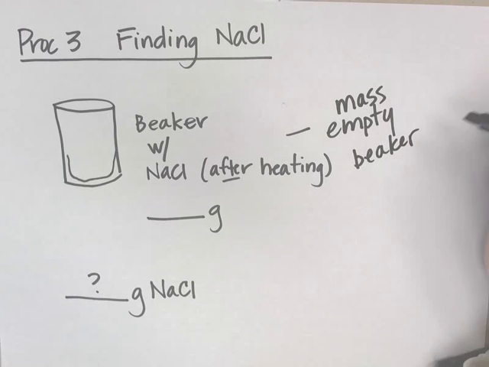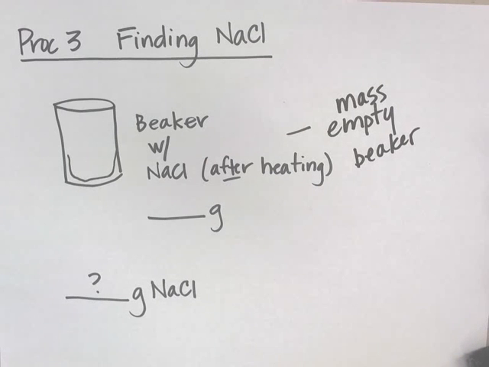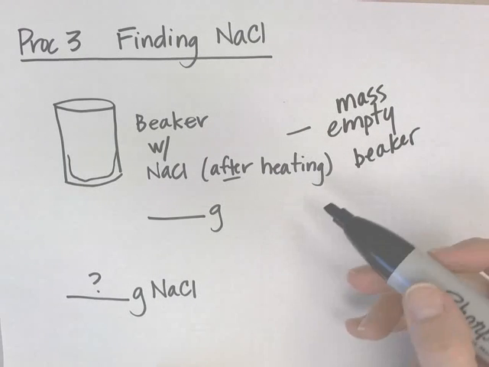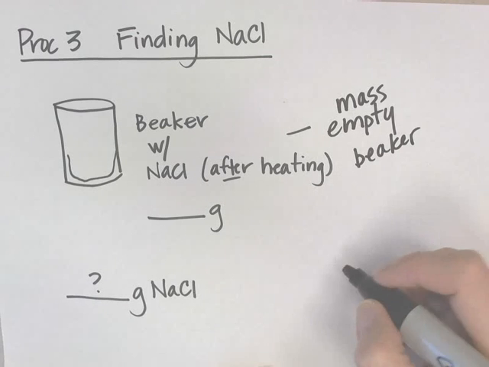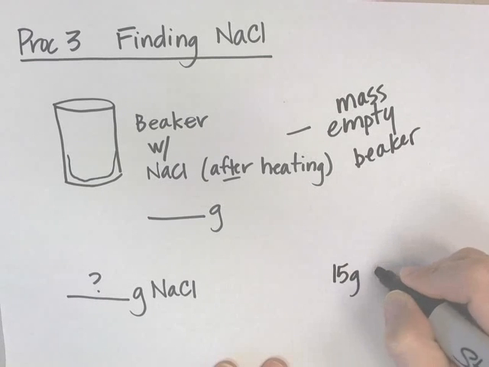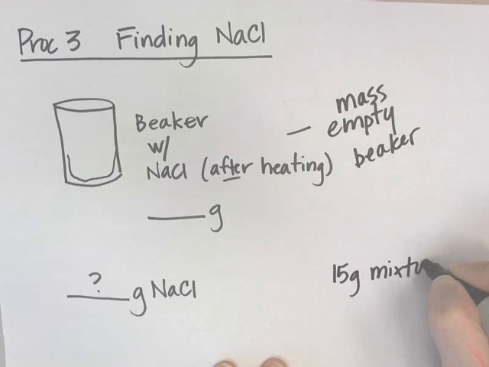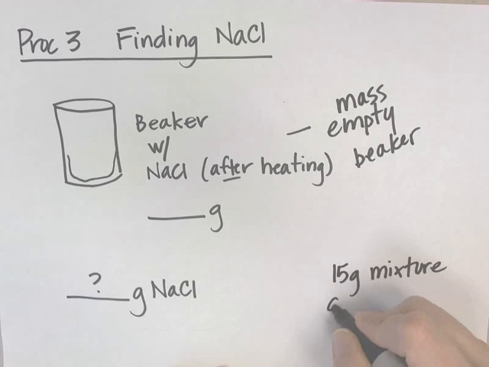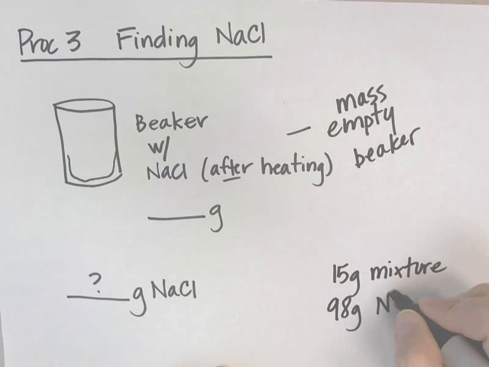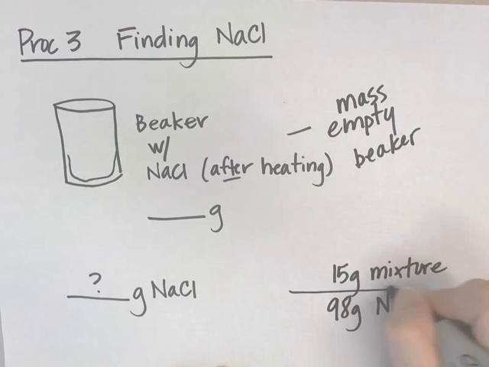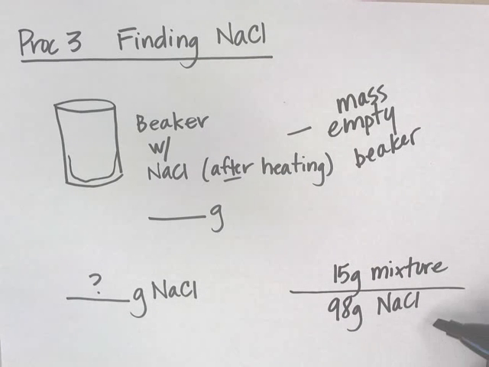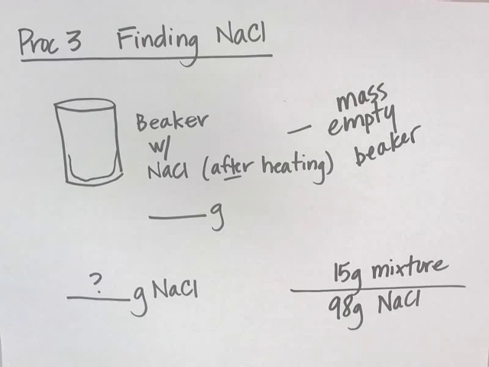So this is something that you're going to have to do throughout the semester when we're weighing compounds that are in containers. So it would not be reasonable, let's say, if you have 15 grams of mixture to start with, for you to say, oh, and I also had 98 grams of salt in it. Well, that's impossible to have more salt than you started with. So make sure your masses, when you get them, seem reasonable.